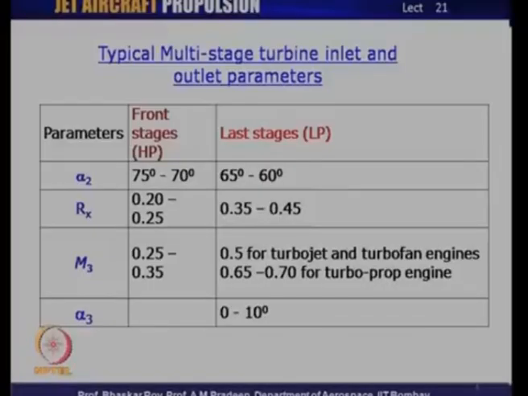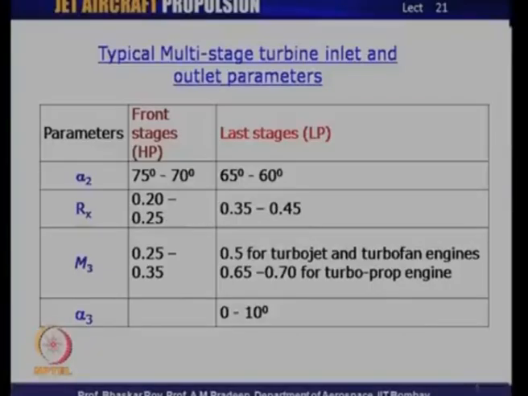In the case of turbojet and turbofan engines, the LP stage or the last stage exit condition would probably show a Mach number of the order of 0.5, and this flow is indeed going into a nozzle, where it will subsequently get even more accelerated through the nozzle to create the jet thrust.